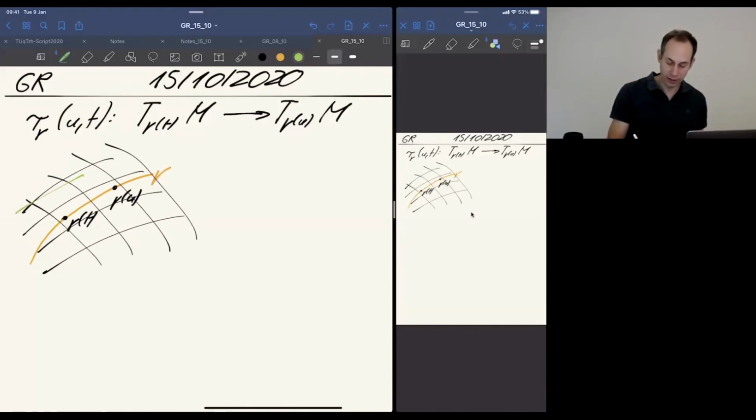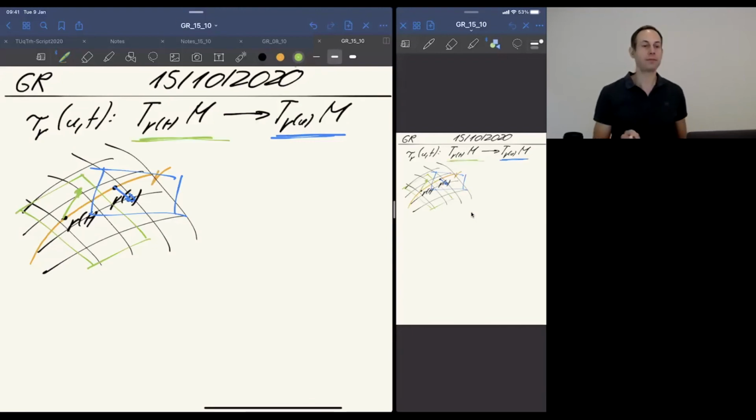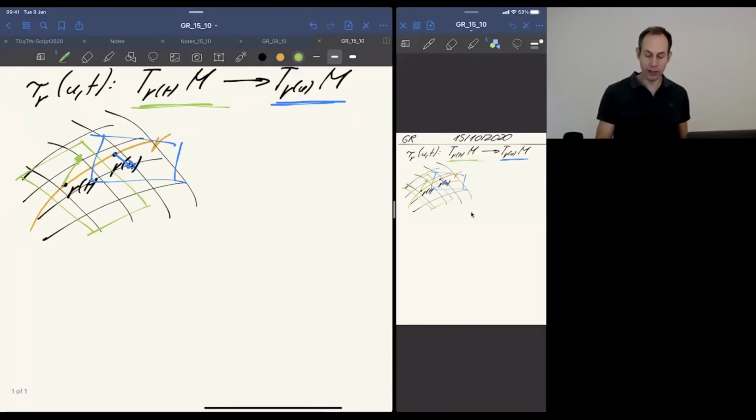So I could have this, let's say, green tangent space here with a vector pointing in some direction, and then I end up with a vector in another tangent space, which is maybe here, that vector. So that blue one would be, or maybe I just indicate it like that. Here, that's the blue part, and the green part was the initial tangent space. Okay, so that's the picture you should have in mind.